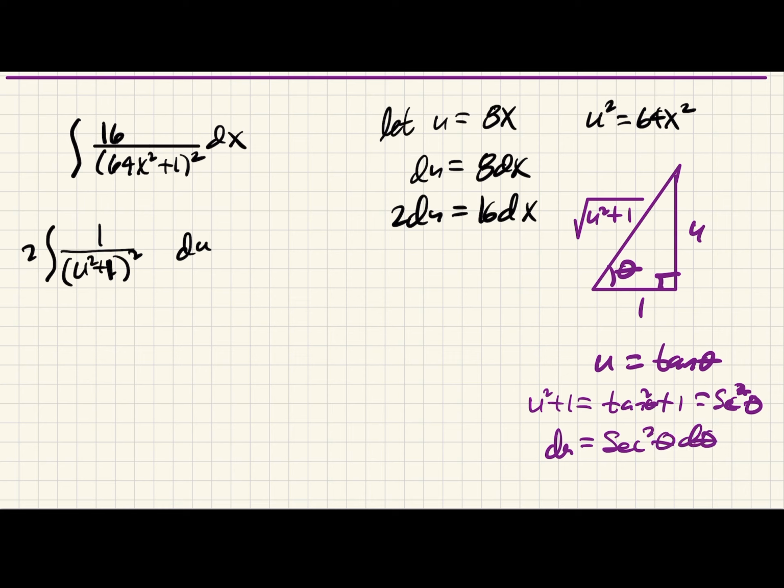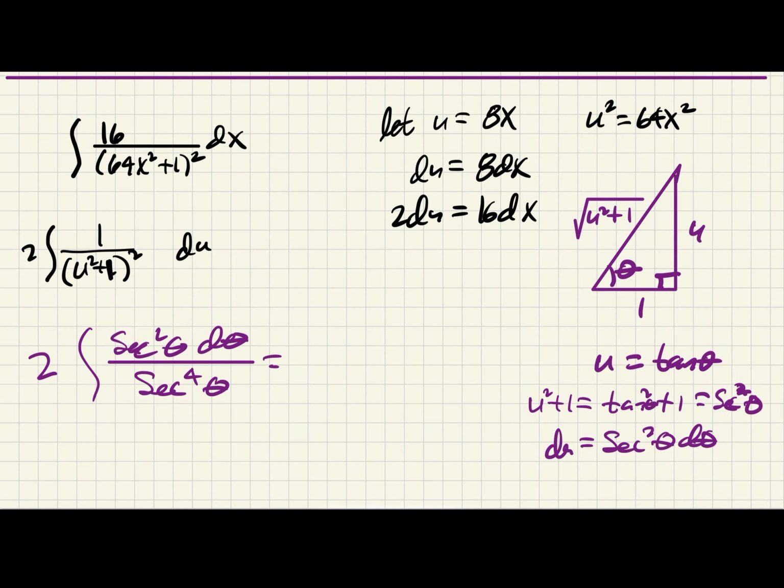There we go. So we have 2 integral. So du is secant square theta d theta. And u squared plus 1 is secant to the 4th, right? Because it's secant square square. Is everybody good so far?